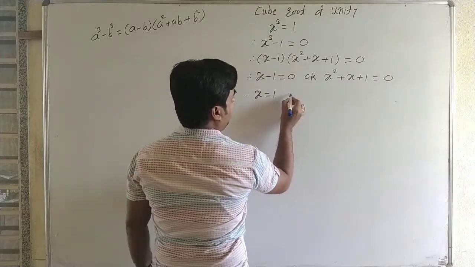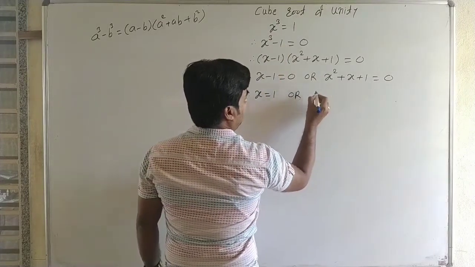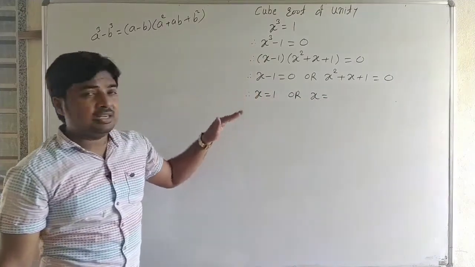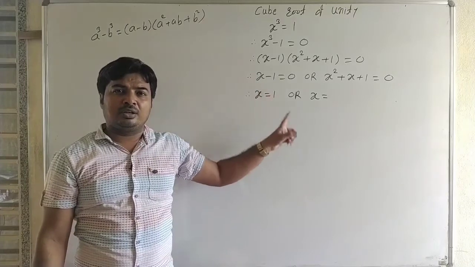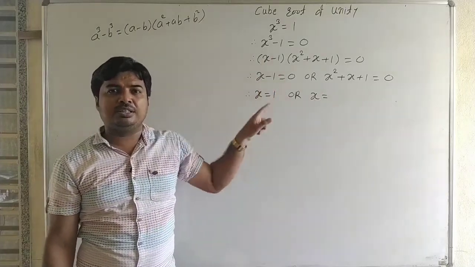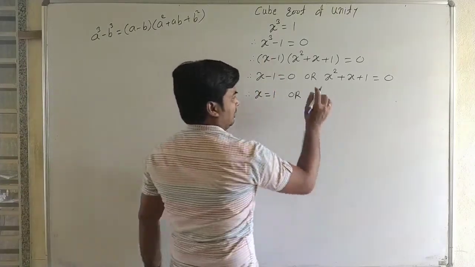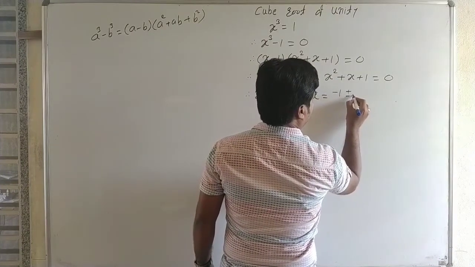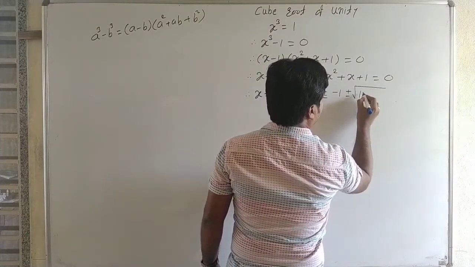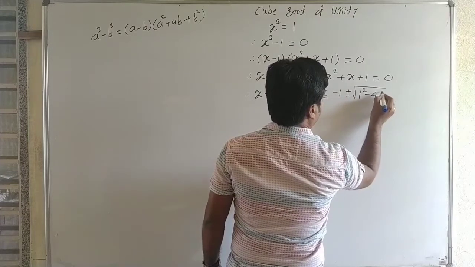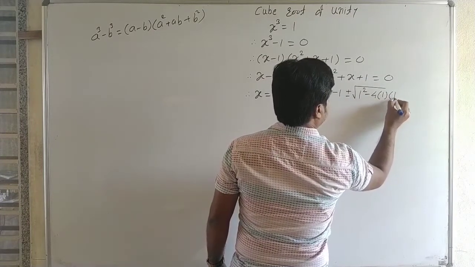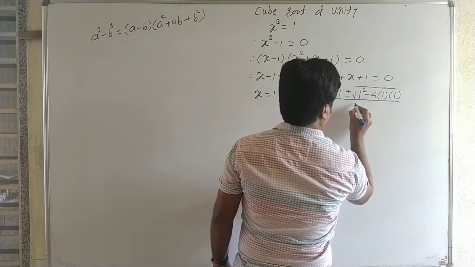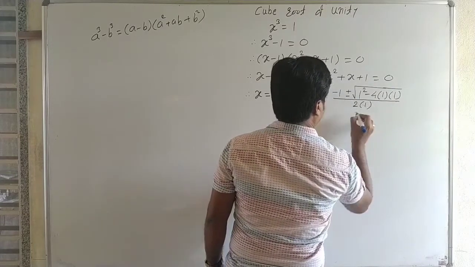Or by the formula method, x is equal to minus b plus or minus under root b square minus 4ac, upon 2a, that is 2 into 1.